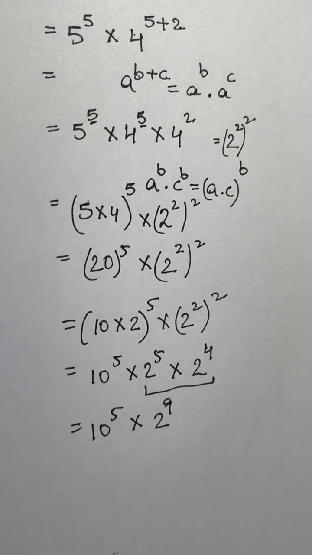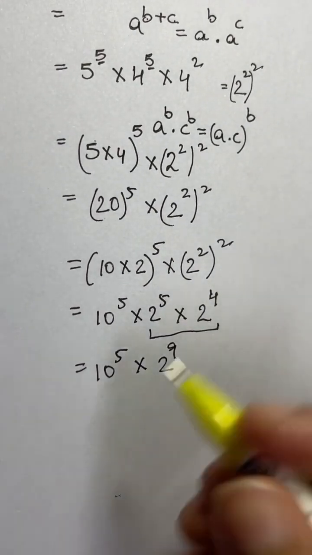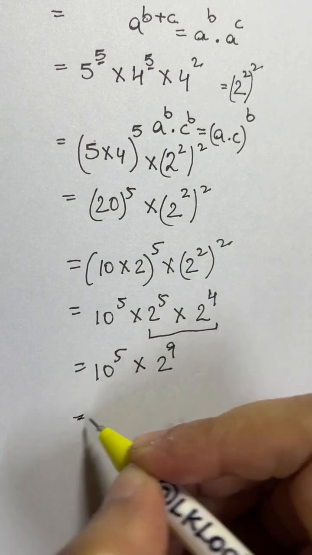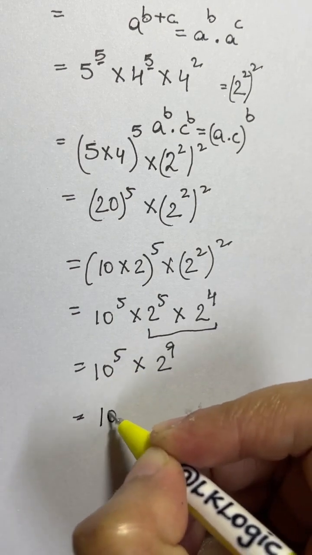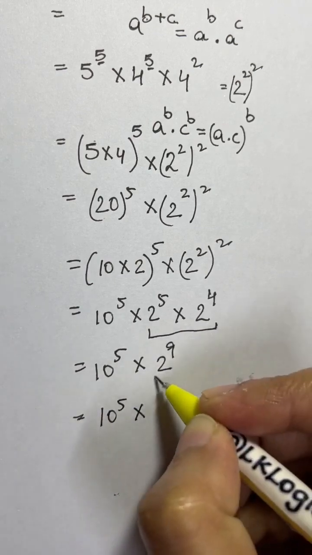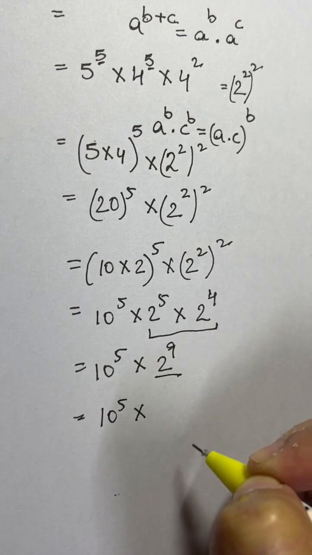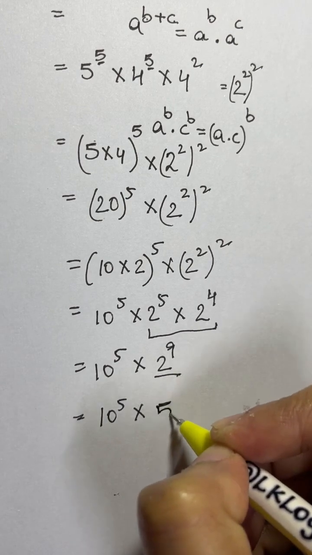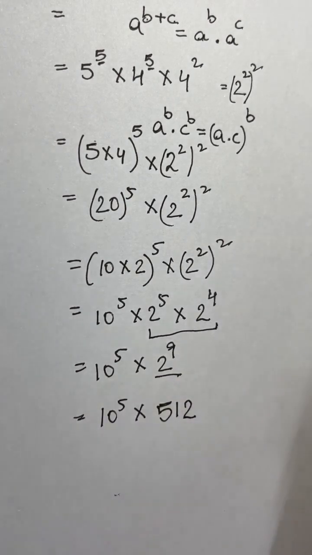And now let's solve it. Here you have a very big base. 10 to the power of 5 is a very big number. And now 2 to the power of 9 is how much? 2 times 2 times 2 times 2, and so on. That gives you 512.